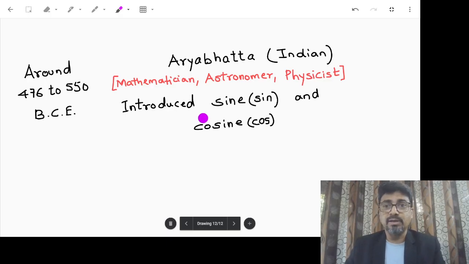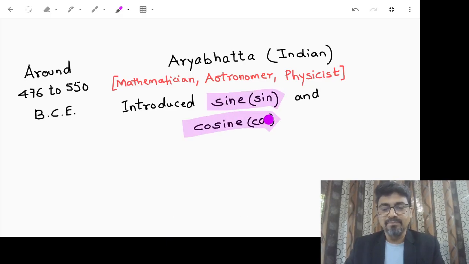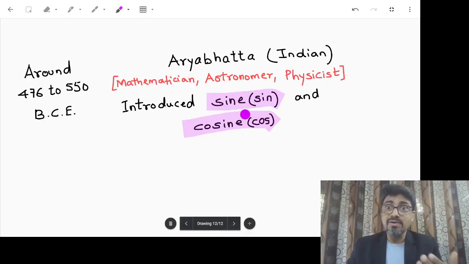So Aryabhatta, a mathematician, astronomer as well as physicist, was the first person to introduce the mathematical concepts of the first two trigonometric ratios, sine and cosine. Thereafter, after 400 years and more, 300 years later, the other trigonometric ratios were introduced to us by Persian mathematicians.